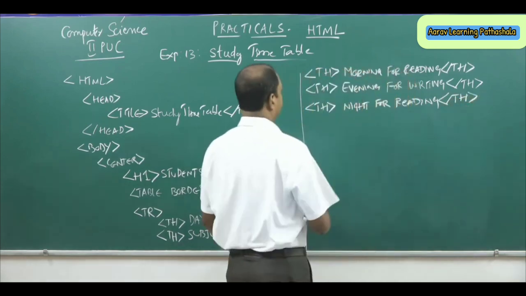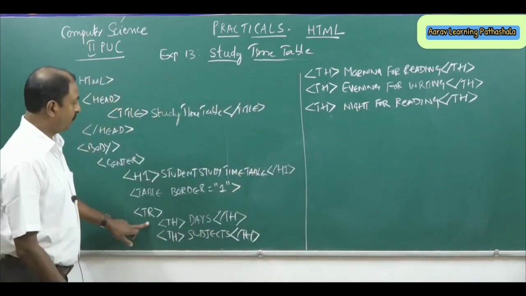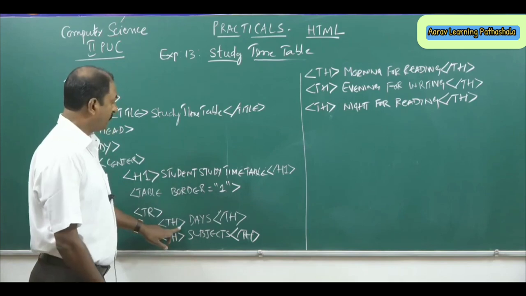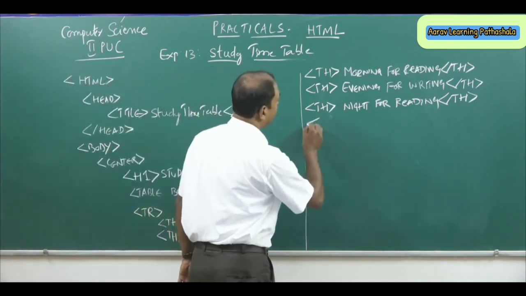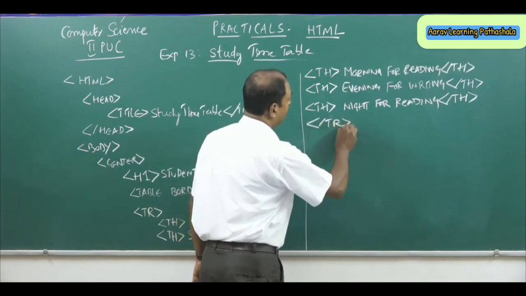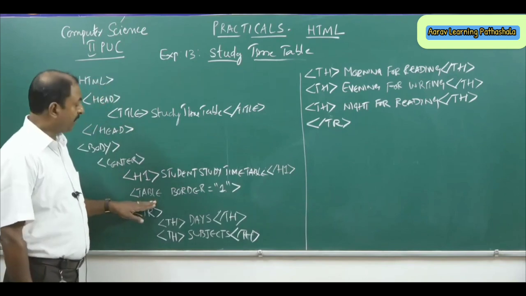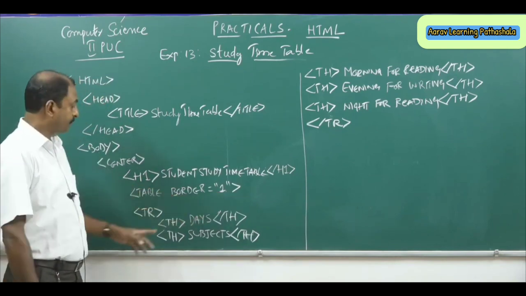So this is one row, the first row. Here th is for the table heading. We are closing this tr tag here. This is the table tag which has the attribute border, value 1.